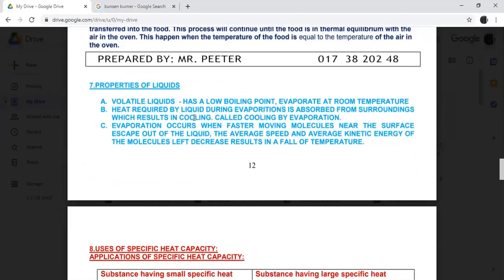Okay, property of a certain liquid that we normally don't see properly. What is a volatile liquid? They have a very low boiling point and can easily evaporate at room temperature. Heat required by liquid during evaporation is absorbed from surroundings. So if they are vaporizing, they are taking heat from the surrounding, which results in cooling.